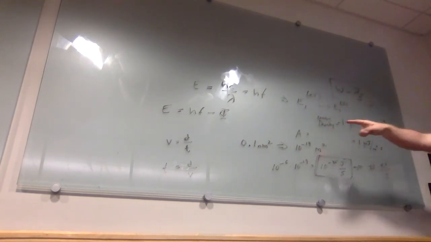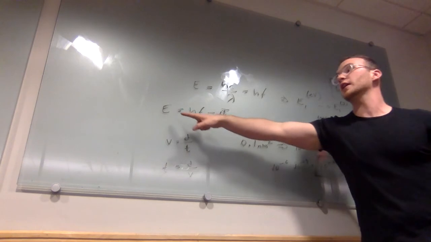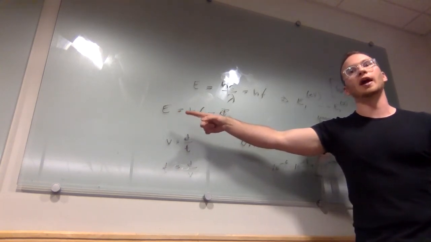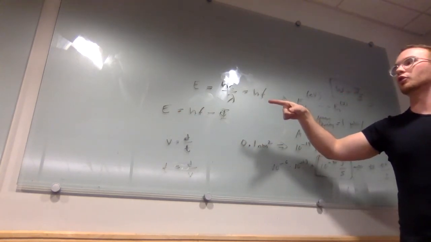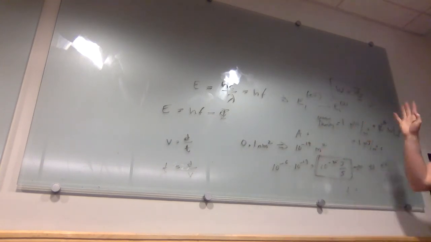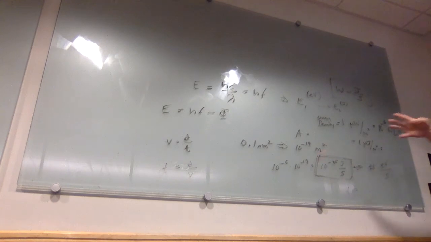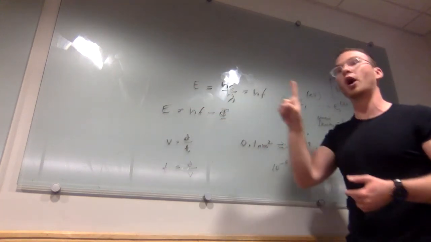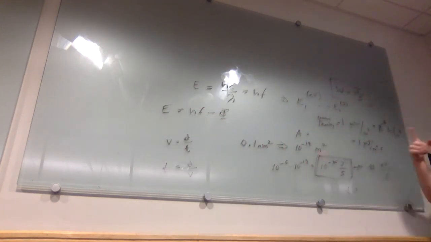If you increase the frequency of your photons, you're going to get more energy coming out. But if you just increase the frequency, you don't increase the intensity of the light, the amount of photons. You're just going to get higher energy electrons. But if you're interested in the electric current, that's not different. Every electron has one charge. So if you want to increase the electric current coming off, you have to just get more electrons.